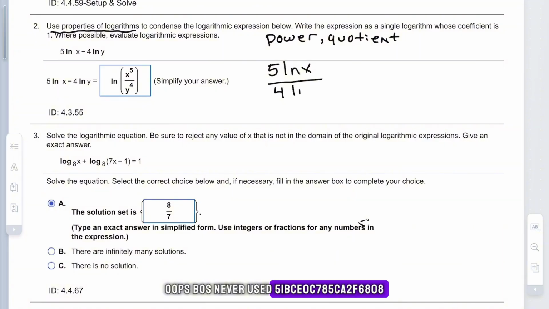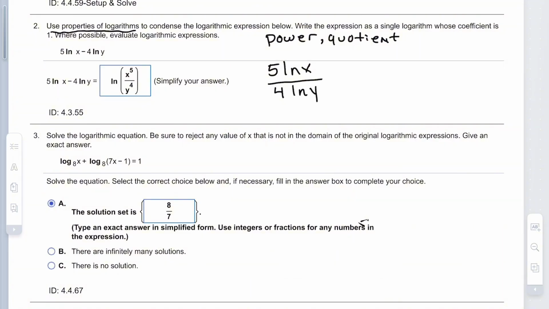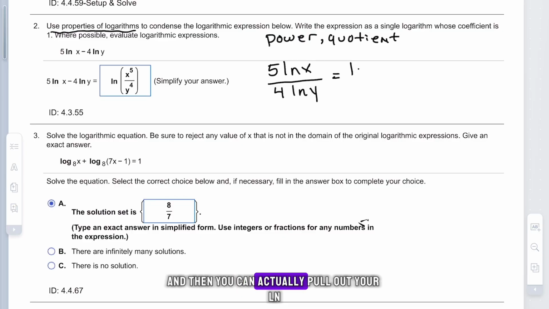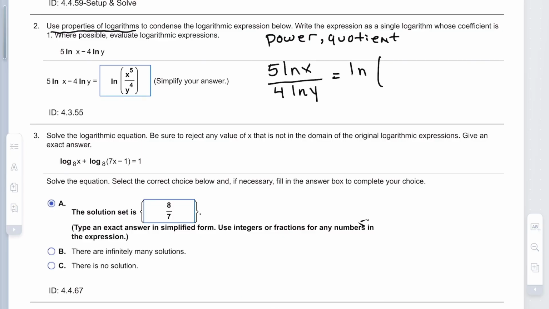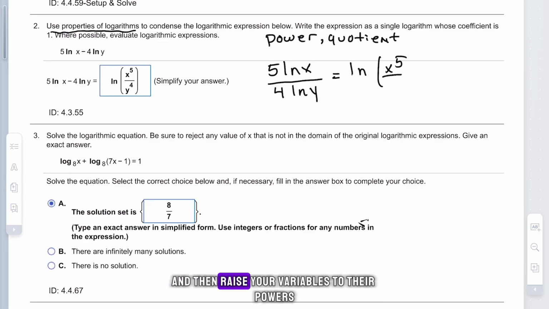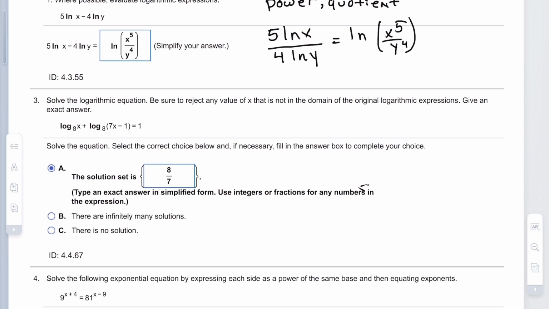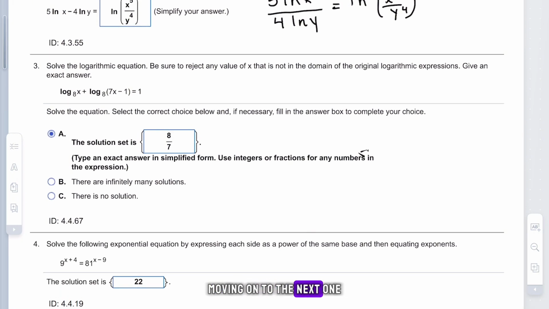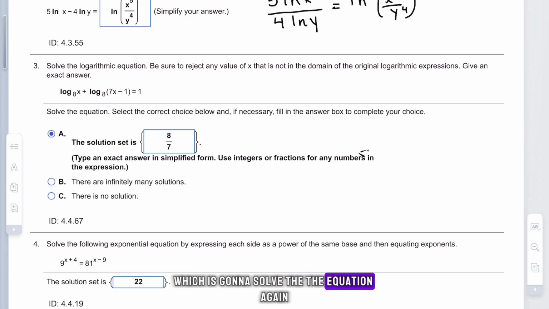And then you can actually pull out your ln and then raise your variables to their powers. Moving on to the next one, we're just going to solve the equation again.